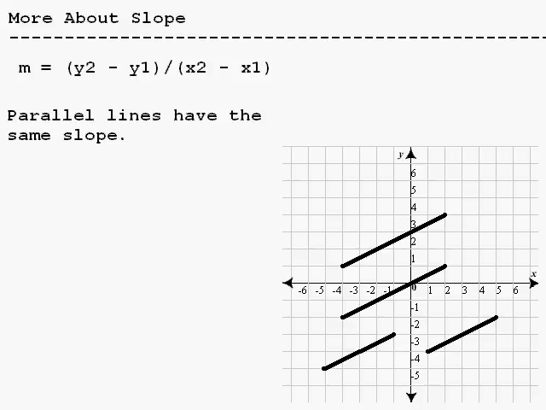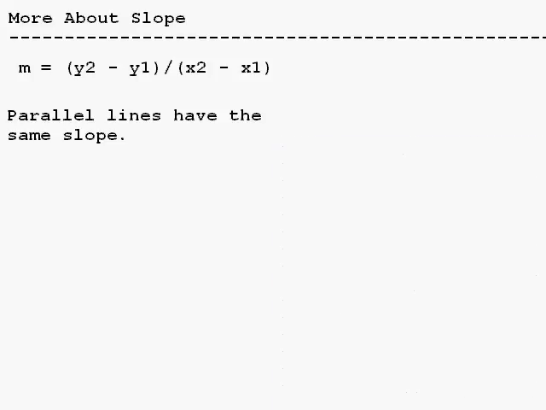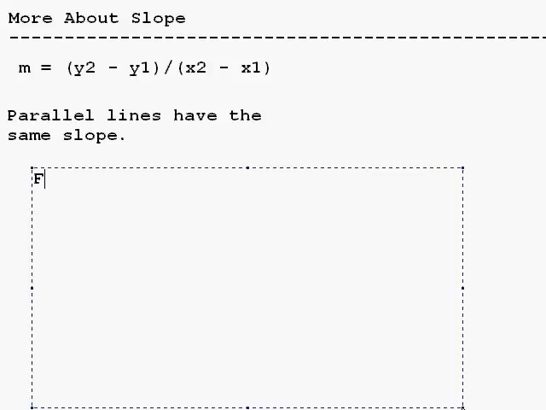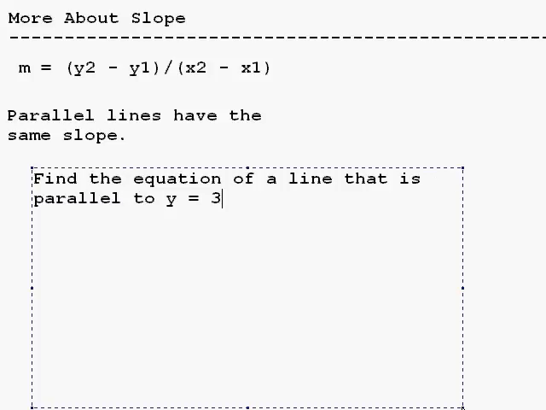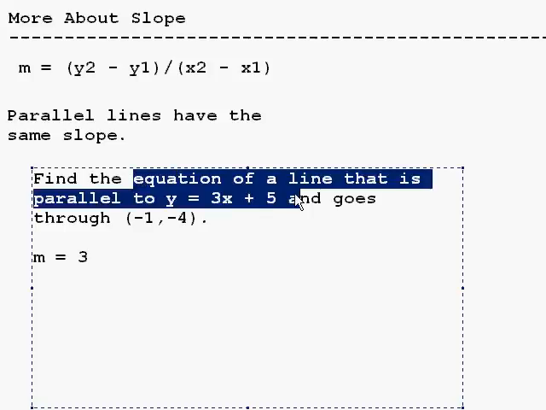So let's say I want to find the equation of a line that is parallel to this line and goes through -1, -4. Well, we already know what the slope is. The slope is 3 because the line we're looking for has the same slope as this one, since they're parallel.